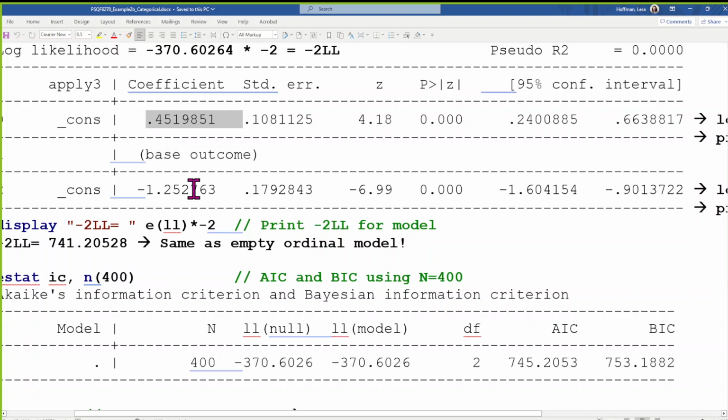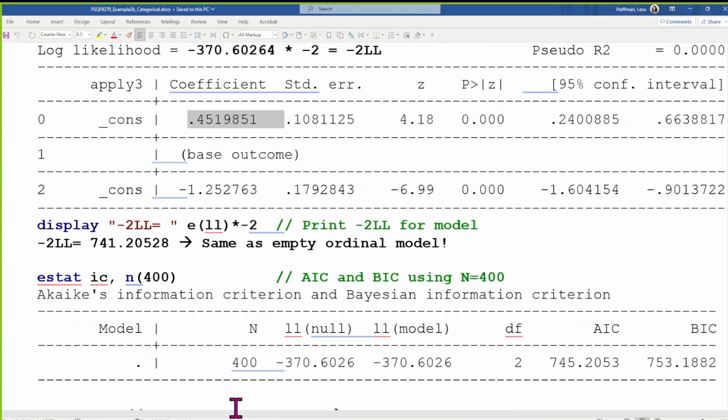What is this telling me? The logit of answering 0 instead of 1. Likewise, this logit, what's it telling me?